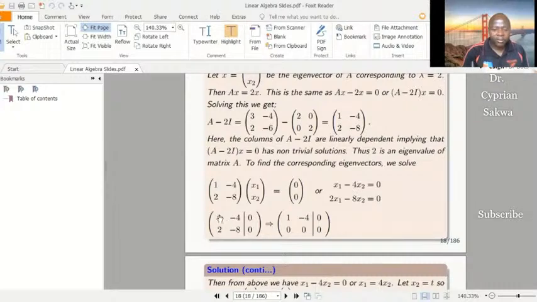This is already 1, so use it to create a 0 in this position: multiply row 1 by 2, and subtract your result from row 2. So 2 minus 2 will be 0, and then -8 minus -8 gives 0.